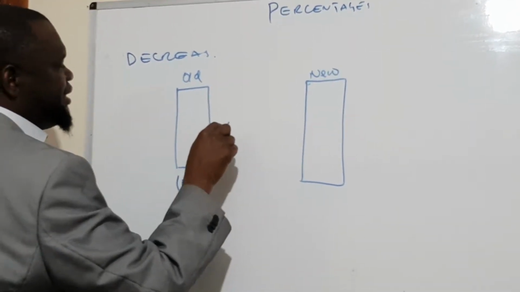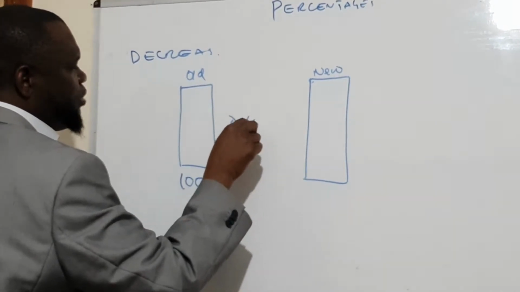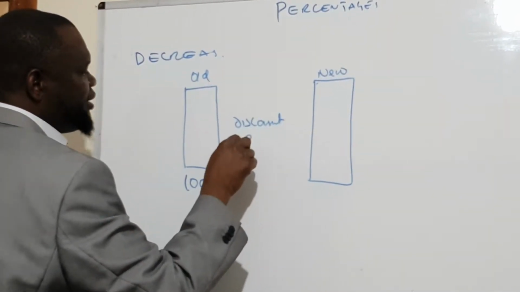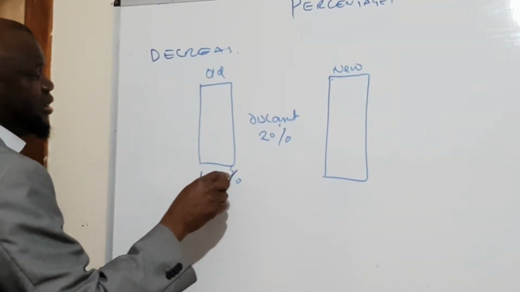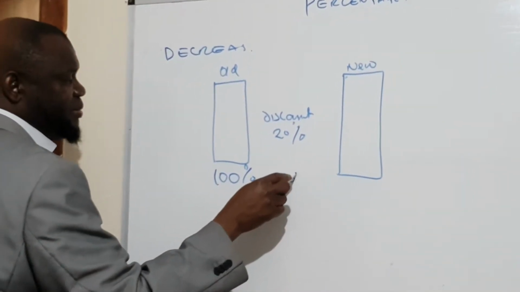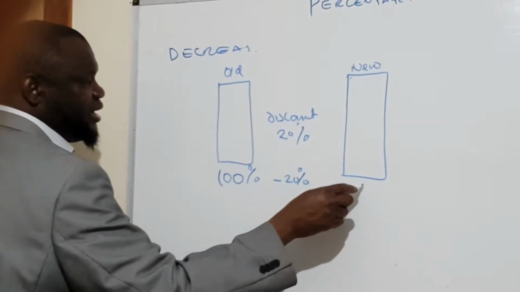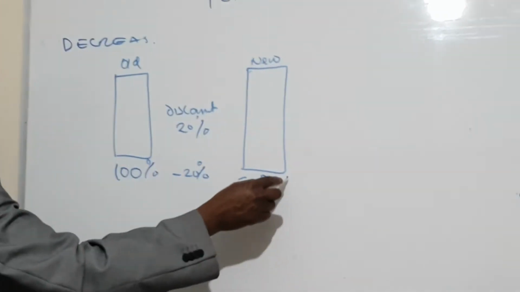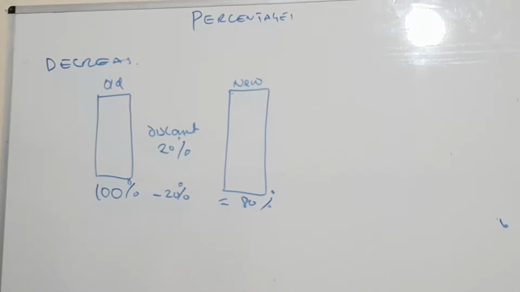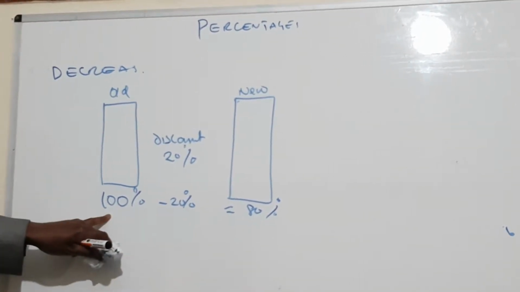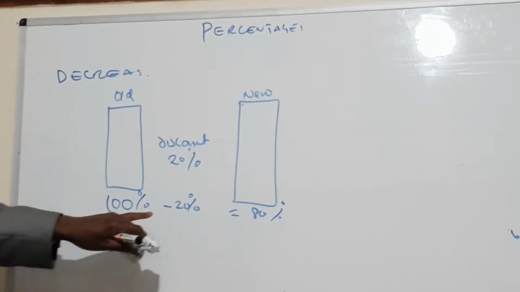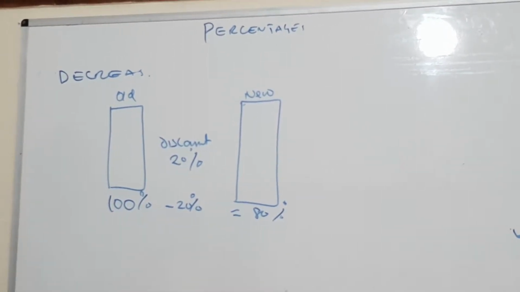If there is a discount or decrease of 20%, now the new price will have to be 100% minus 20%, which is 80%. So the new price is 80% now. You understand? Originally it was 100%. Now it is 80%.